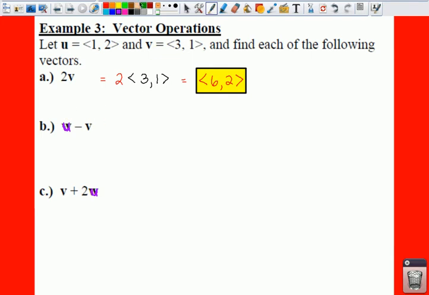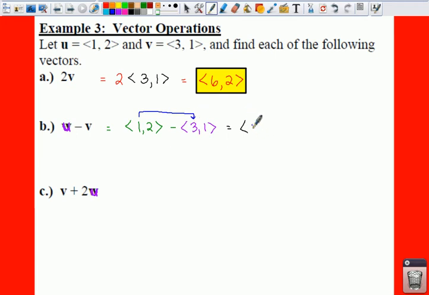So let's do U minus V, which means we're going to take our vector U, which is 1 comma 2, and we're going to subtract our vector V, which is 3 comma 1. And when you do this, you subtract the components that are the same. Now your first values are your x components, but they're also called your horizontal components.